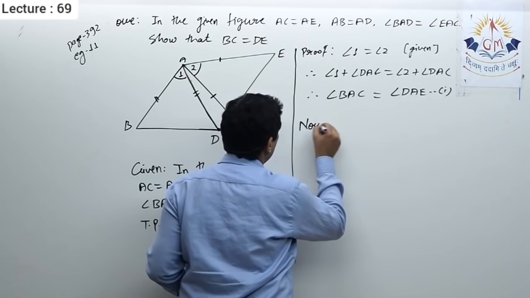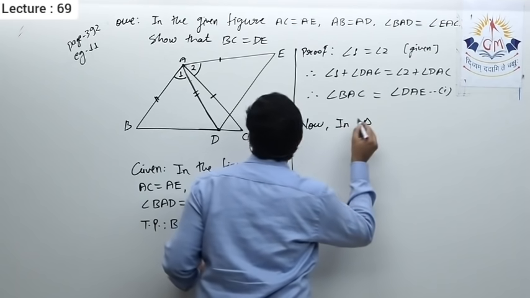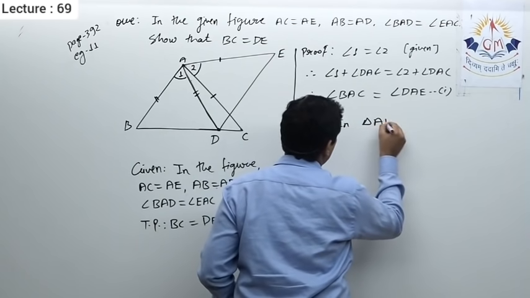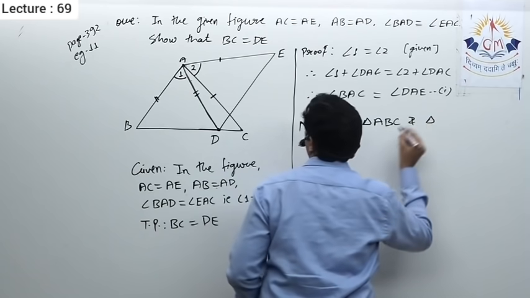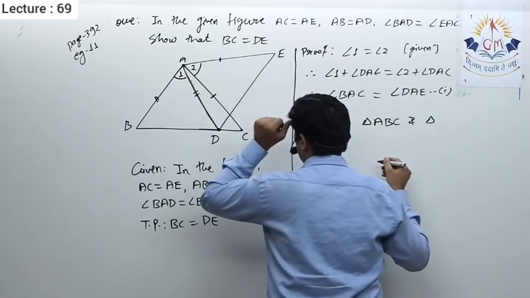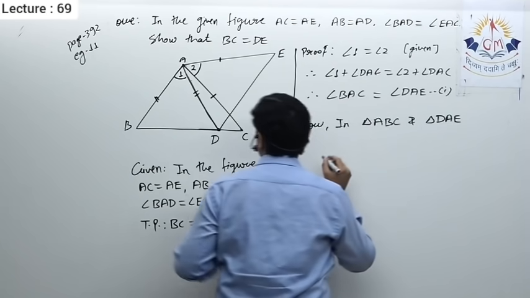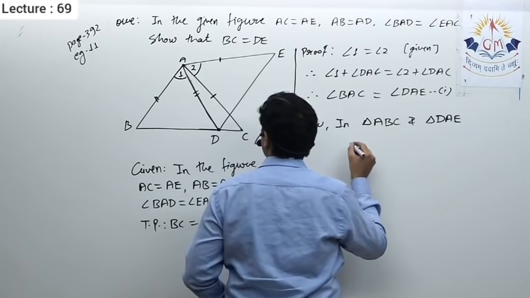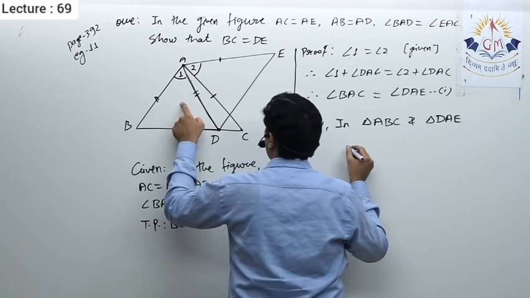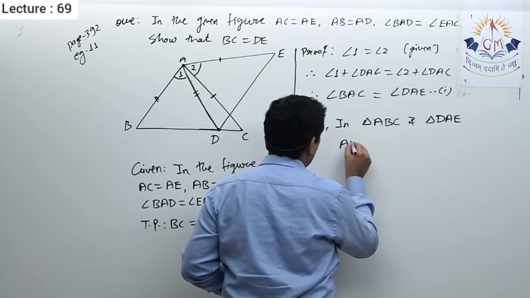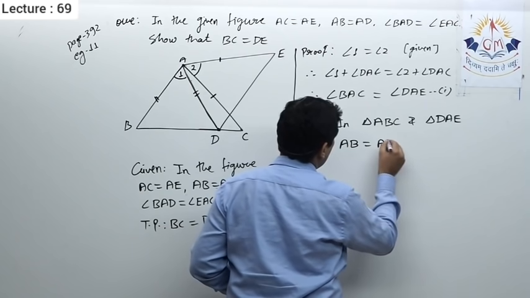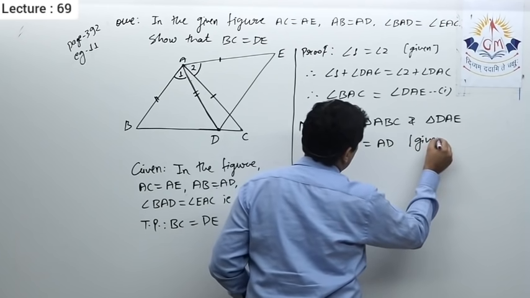So now in triangle ABC and triangle DAE, AB is equal to AD, that is given.